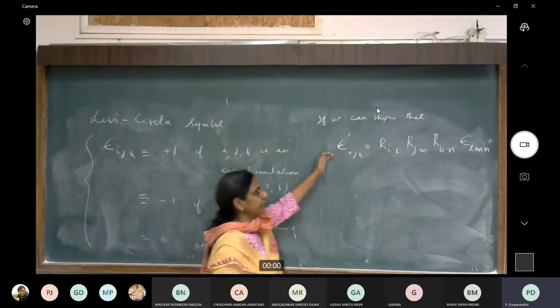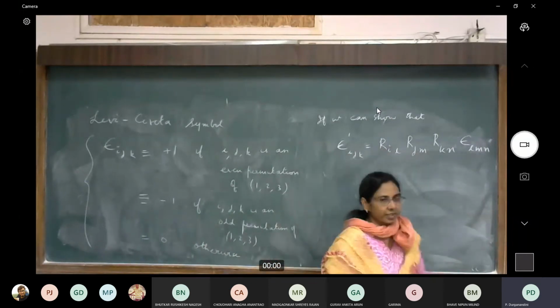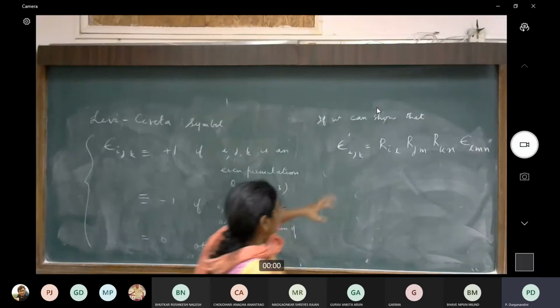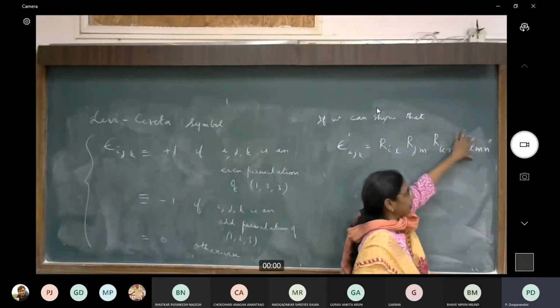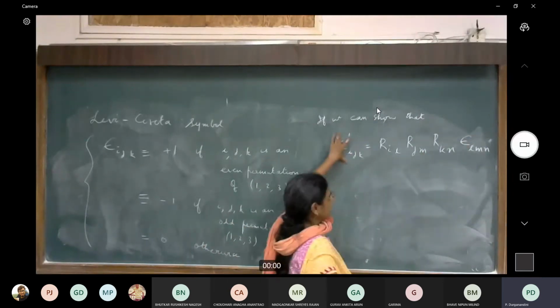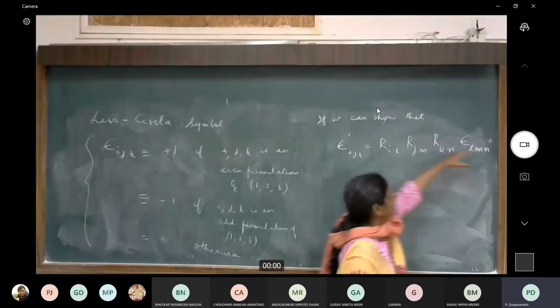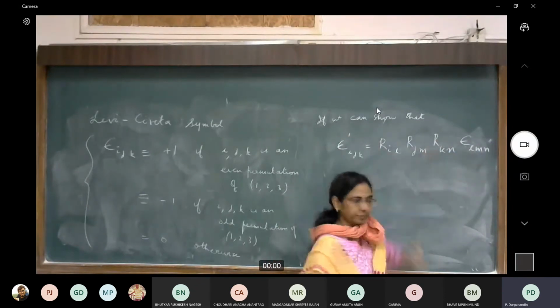Because then it tells me that the transformation properties of this object are like that of a third rank tensor. Notice that I know what epsilon ln is, and I also know what epsilon prime ijk is. But I have to show that the relation between epsilon prime ijk and epsilon ln is this.